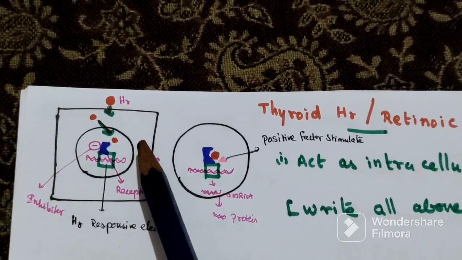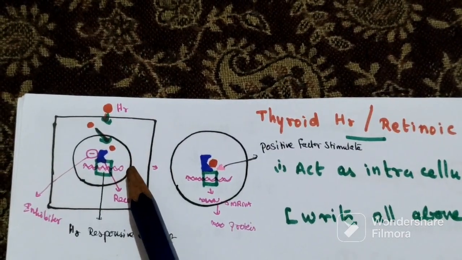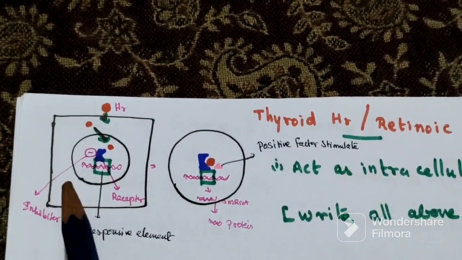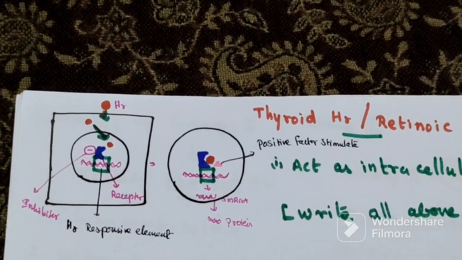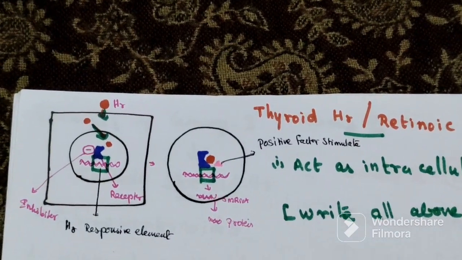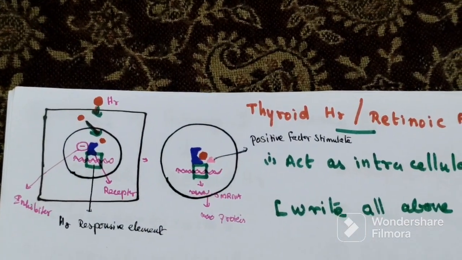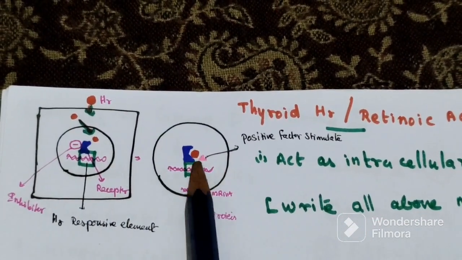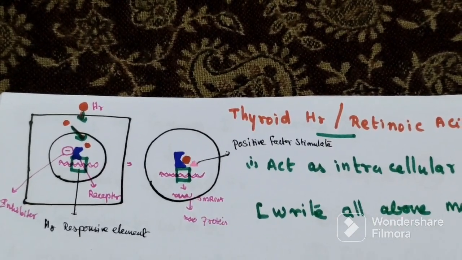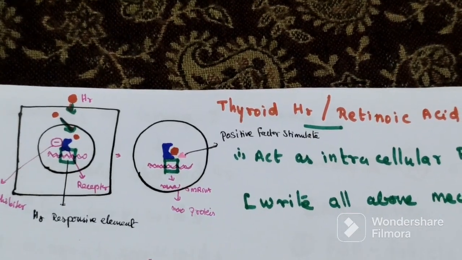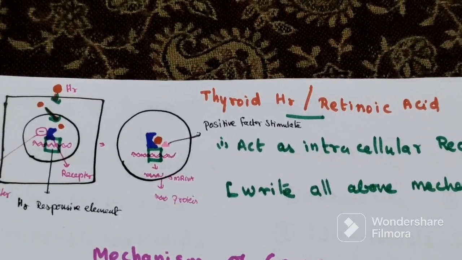They are lipophilic in nature, then enter the cytoplasm, then travel to the nucleus. When the hormone is attached with the receptor, it will release the negative effector. And there are a number of positive factors which get stimulated and cause formation of mRNA and protein, which shows biochemical response.